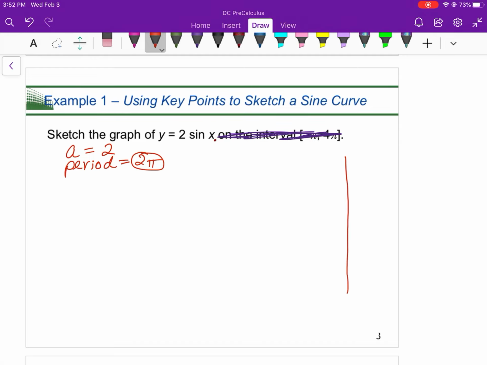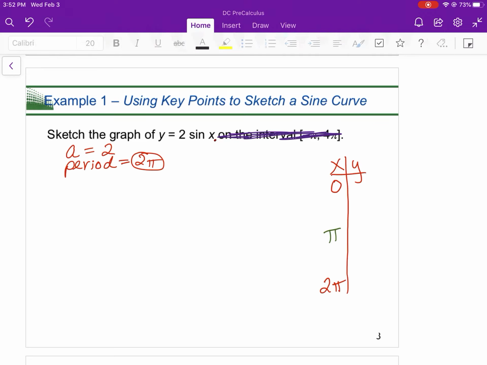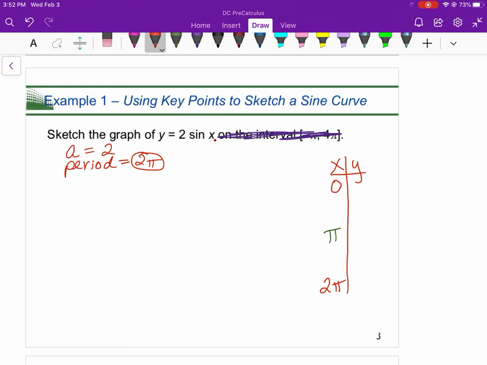Because the period is 2 pi, you're going to start with 0 where the period starts, and 2 pi is where it ends. Then you're going to go halfway, which is pi. And then halfway between 0 and pi, so pi over 2, and halfway between pi and 2 pi, which is 3 pi over 2. We're going to take those and plug them in for x.